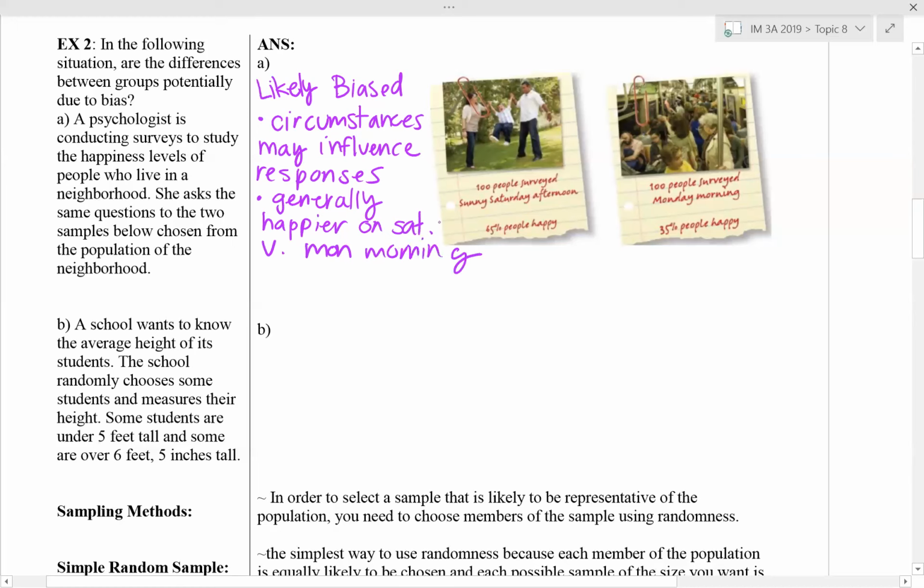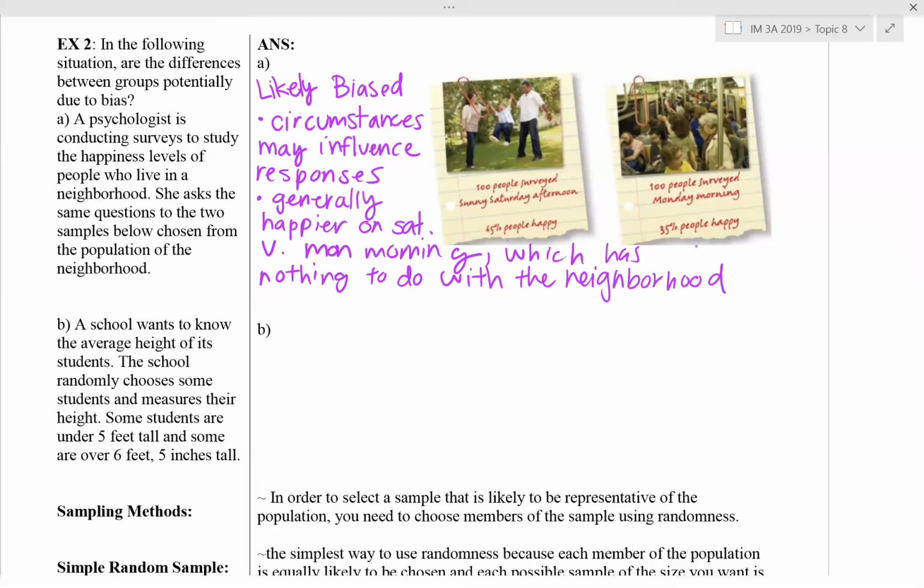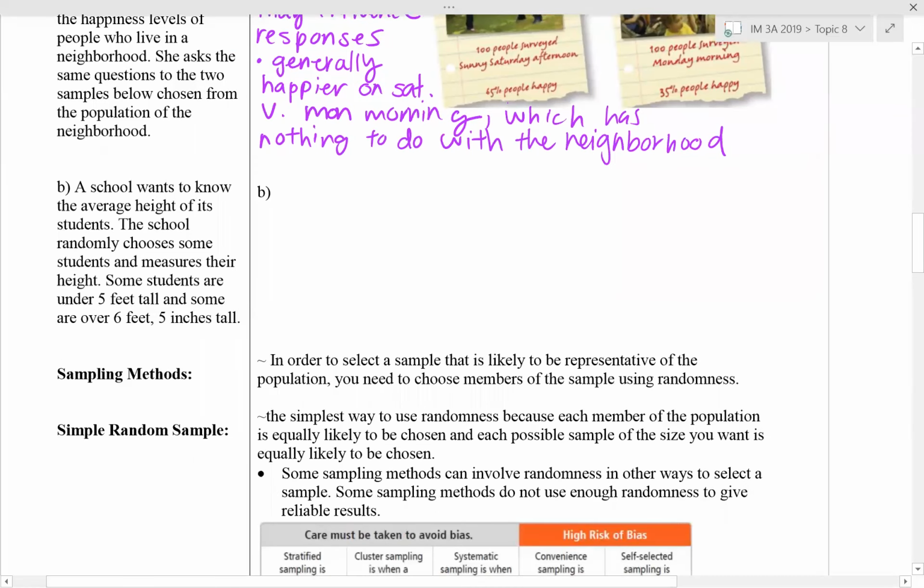And that has nothing to do with the neighborhood. So this is likely biased because the situation in which they were asked is influencing whether or not they're happy, not necessarily the neighborhood.